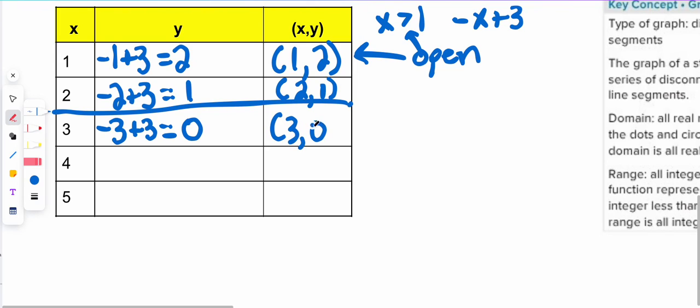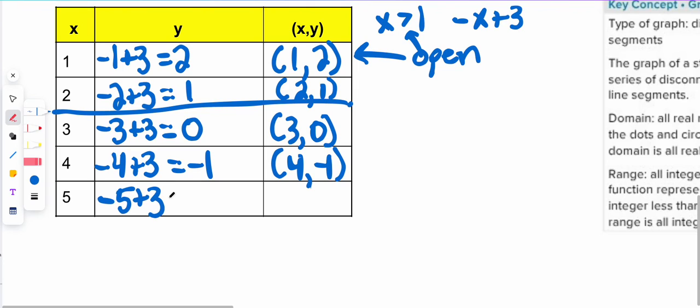So that point is 3, 0. I'd plug in 4. So I have -4 plus 3, which is -1. So that's at 4, -1. And then I would go ahead and plug in that 5. So I'd have -5 plus 3, which is going to get me -2. So that point is at 5, -2.